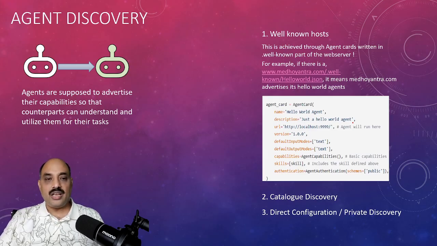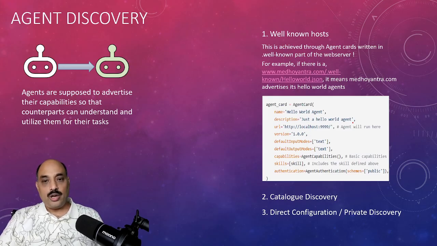Anybody who understands the A2A client protocol will be able to talk to them, authenticate if they have the proper credentials, and interwork with the agent in the well-known host. This is one way of discovering the hosts.